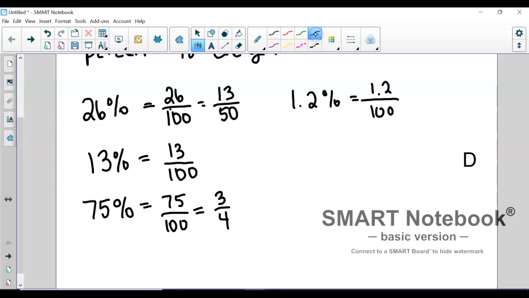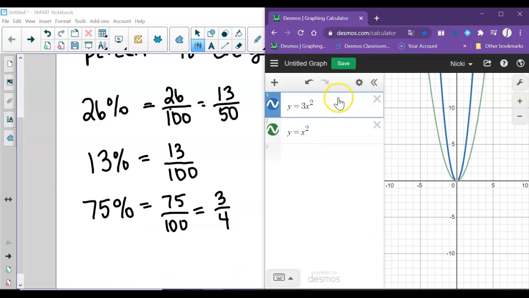So what we could do is multiply the top by 10 and the bottom by 10 just by moving this decimal over once, which means we have to move the decimal in the bottom over once as well. So this would equate to 12 over 1,000. And you can also do this on Desmos if that confuses you a little bit.